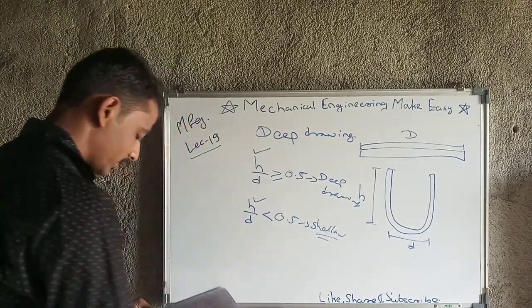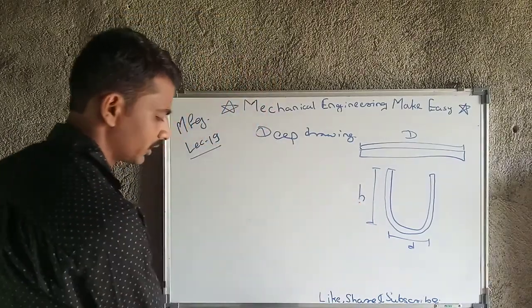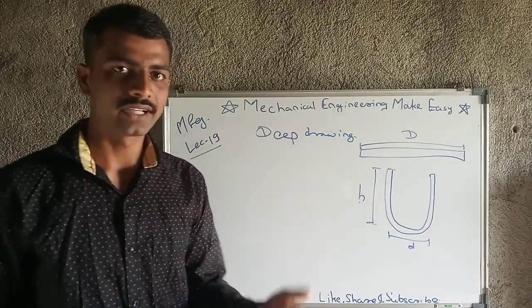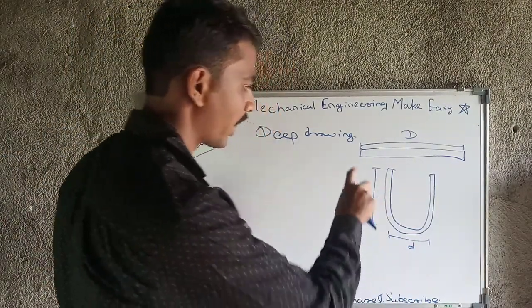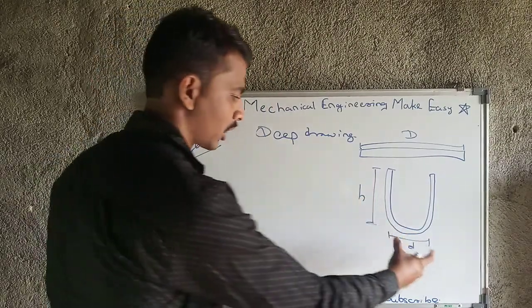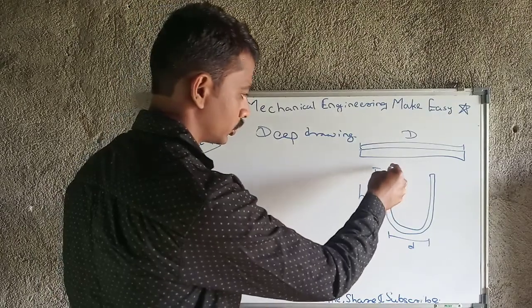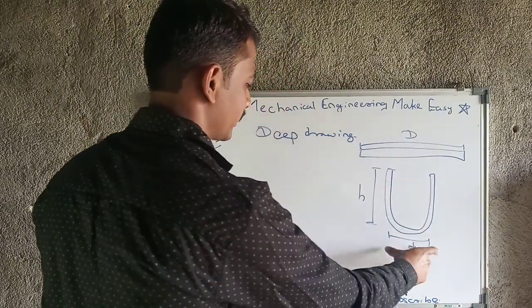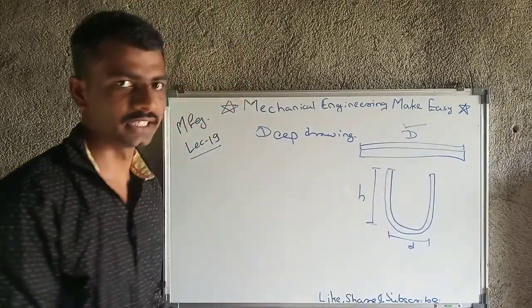Then we will move towards the next parameters. At the end of any component design, we will have the value of small d and small h, how much height of that component we need and how much diameter. For getting this shape, how much blank will we need?